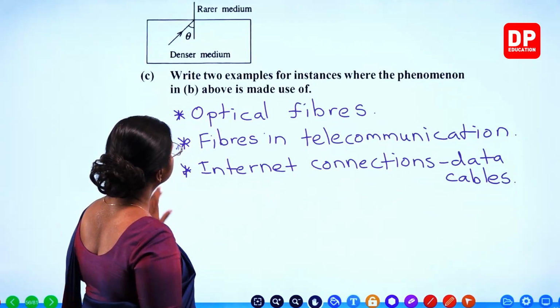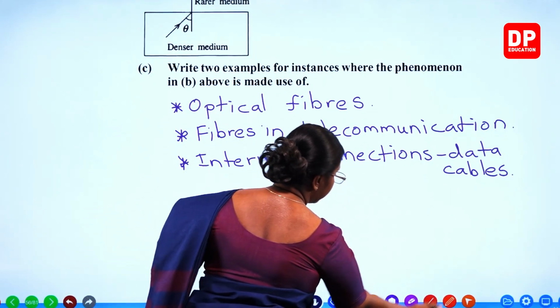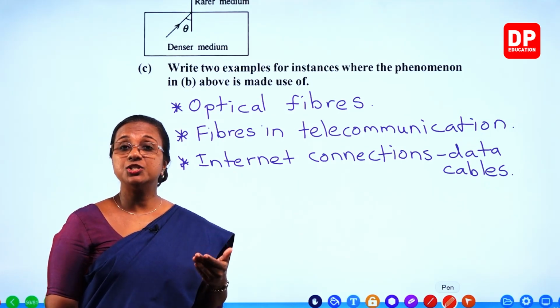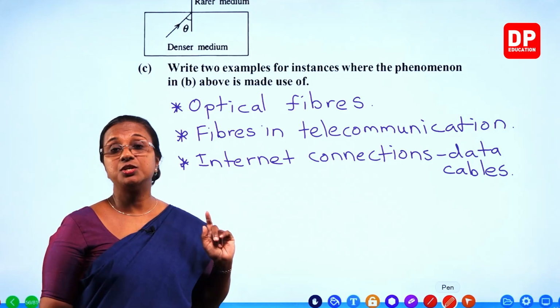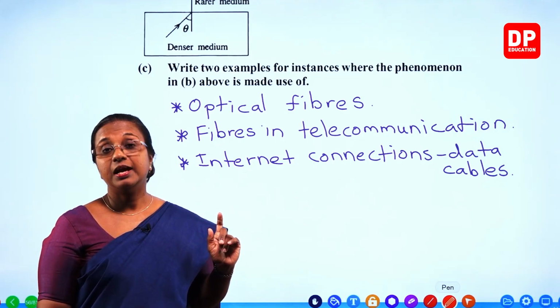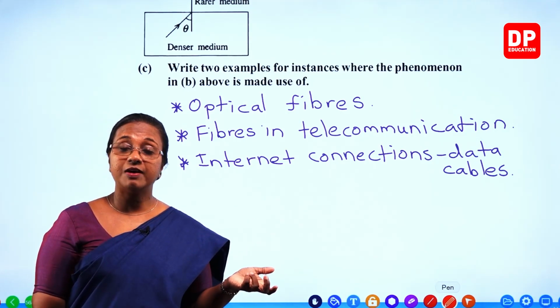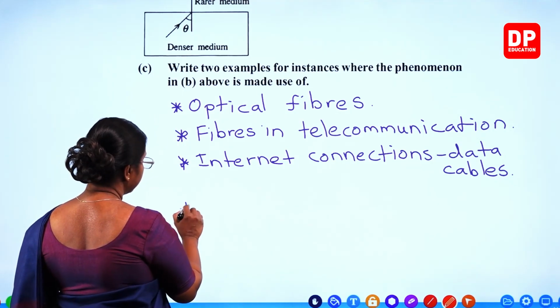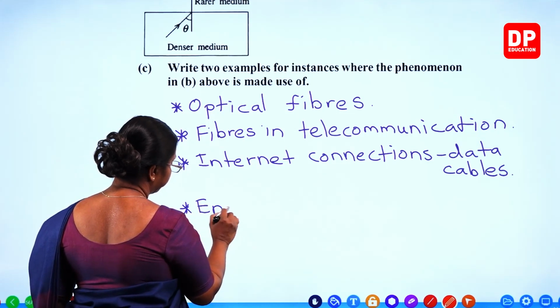Then you all know, students, now this particular concept, that is total internal reflection, is used in optical fibers which are used in endoscopy. Endoscopes use optical fibers. There is total internal reflection. So there is endoscopy.